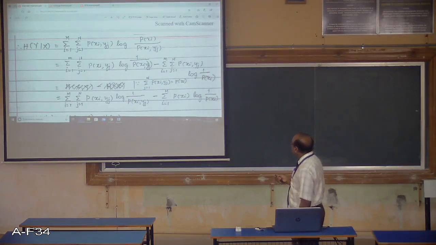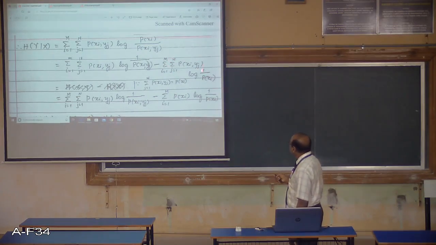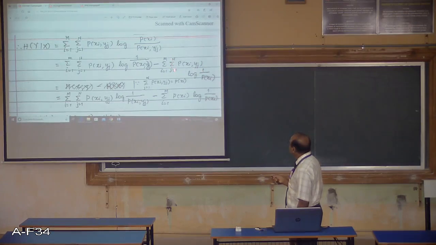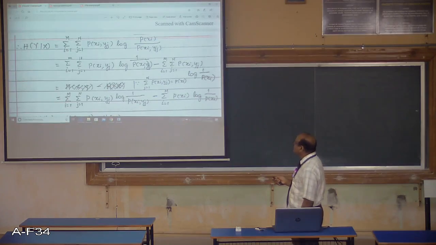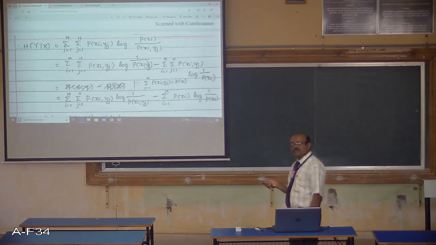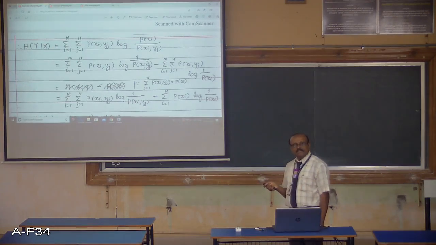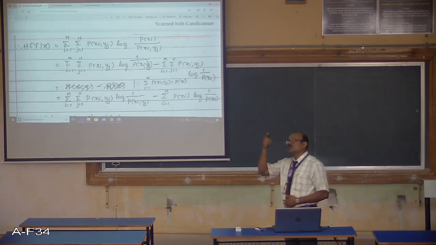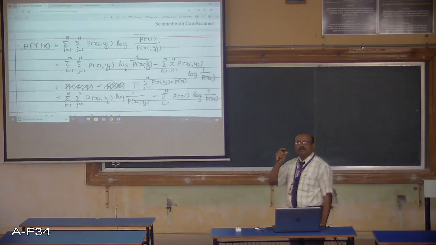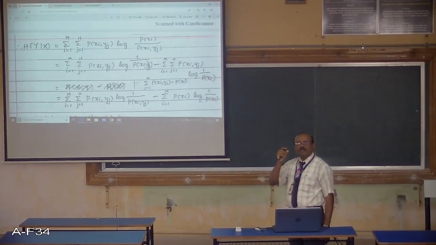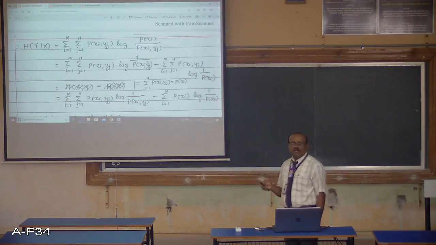And this summation over j equal to 1 to n of p(xi, yj): j is varying, and in a JPM, j is the column. So the column is varying, which means we are adding the JPM elements row-wise.